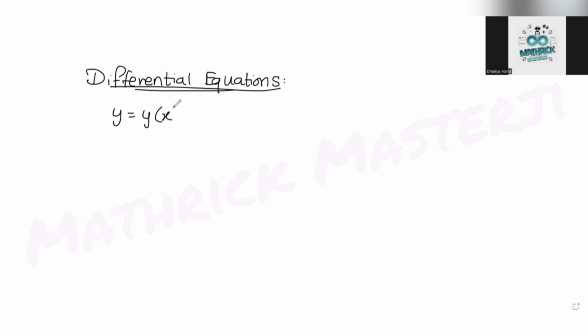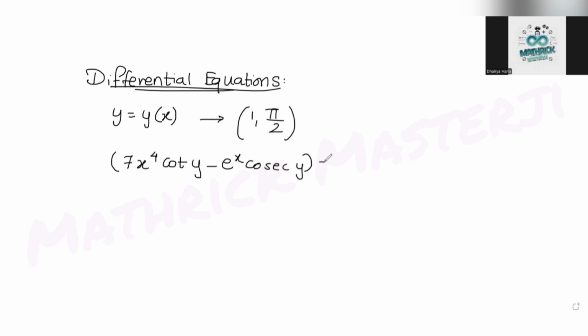Let's see today's question. Today's question we are taking up from the topic of differential equations. The question tells us that a curve y equals y of x passes through the point (1, π/2), and it satisfies a differential equation 7x^4 cot y minus e^x cosec y, multiplied with dx/dy, is equal to x^5, where x is greater than or equal to 1.